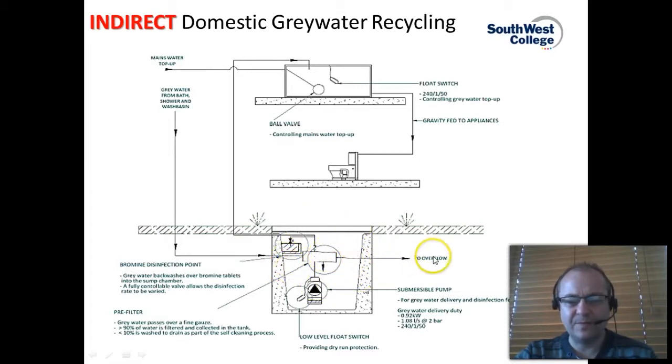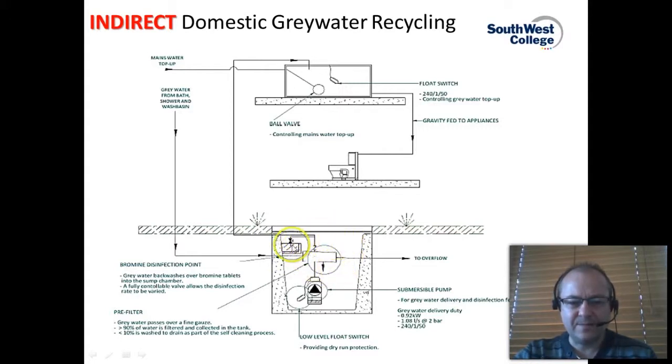So you have an overflow pipe coming out, and then within the system, in this section here in the left hand corner, this one uses bromine disinfection. The greywater backwashes over bromine tablets and comes into the sump chamber, and there's a fully controllable valve that allows the rate of disinfection, either light or heavy, to be undertaken.